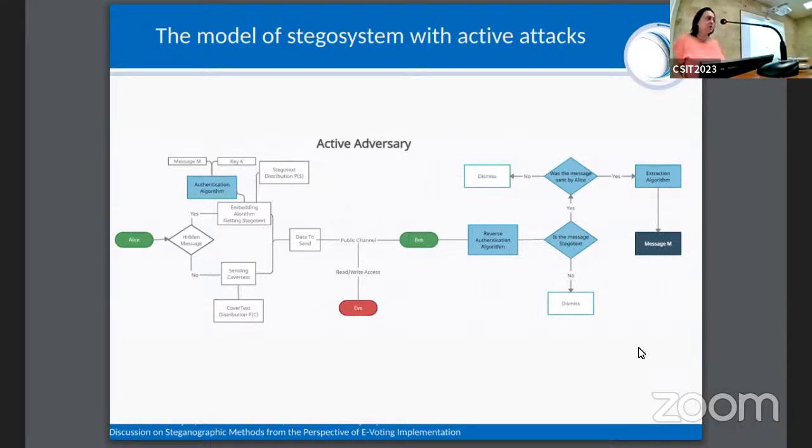It was published last year in Universal Computer Science, a big paper with information theoretical theorems and results. Here you see this model with an active adversary, and a secret key is added here for identification. And here you see that Eve has not only read access, but also write access.